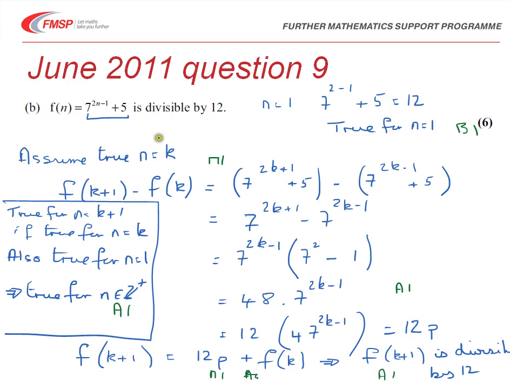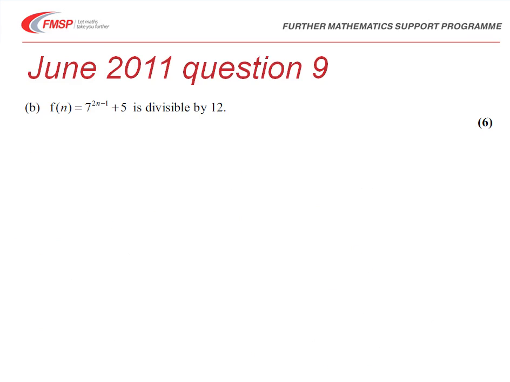What I'm going to do now is to look at an alternative method for this inductive step. I'm not going to do the full question again, but there is an alternative step. So here we are as the alternative for the inductive step. We're assuming it's true for n equal to k as before. So in other words, we can write 7 to the power 2k minus 1 plus 5 is equal to 12 multiplied by something.